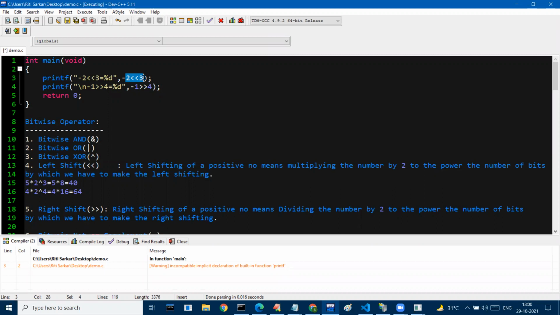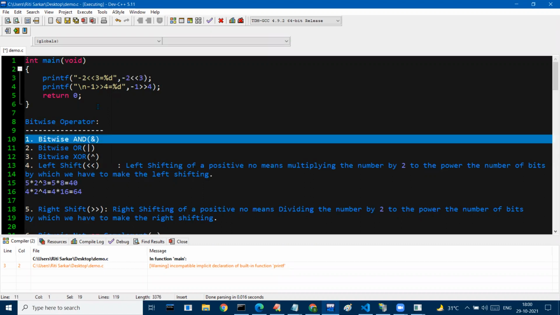But for right shift, it will not work. If you start dividing by 2 to the power 4, it will not work. But for left shifting, if you want to take that approach, you can. It will work for all numbers. But you cannot apply it for right shifting of negative numbers. Then you have to take this approach. That's why I discussed both algorithms, for left shifting as well as right shifting. Chetan, okay? Yeah.